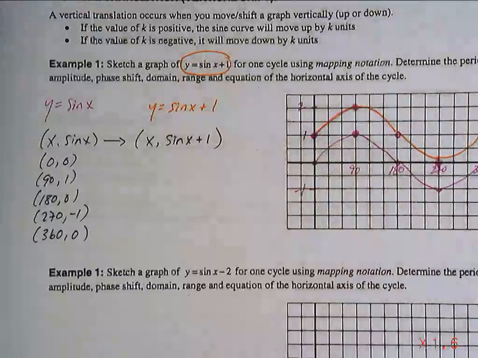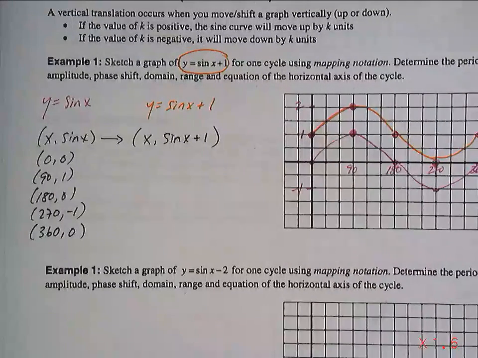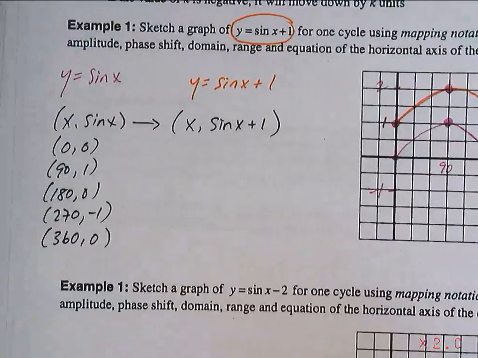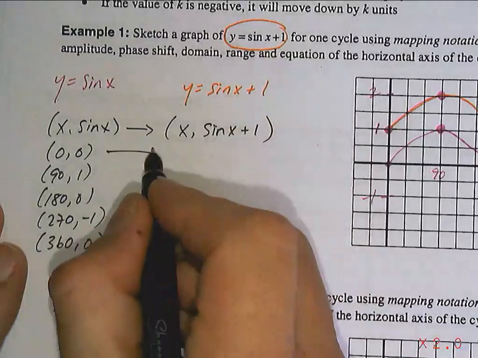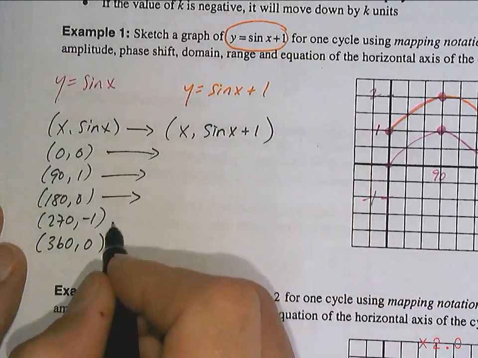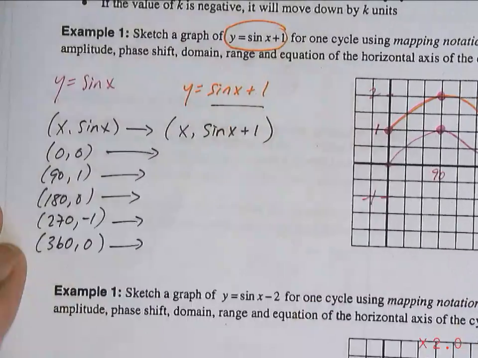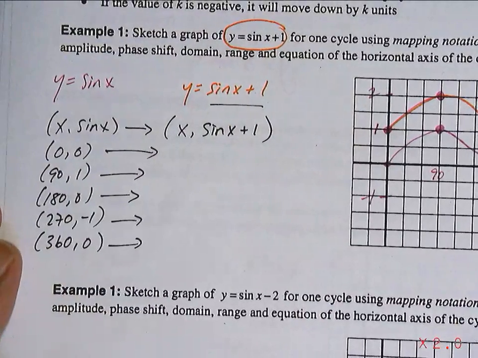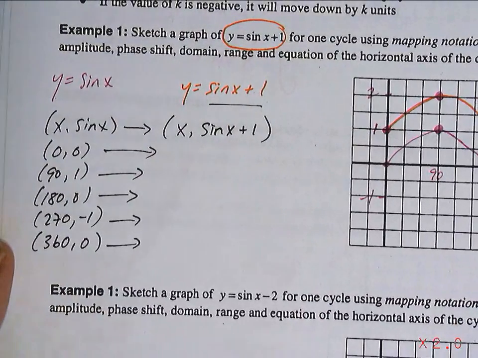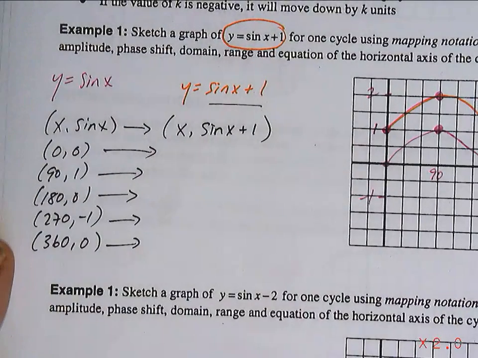There we go. Is that better, squinters? Okay. Now what's going to happen is these are going to be mapped onto the new points based on this new equation. And what does the new equation say to do? It says to add 1 to the y value.